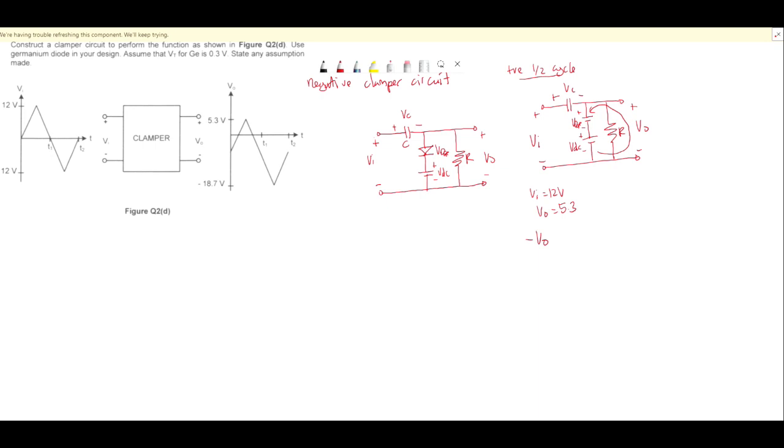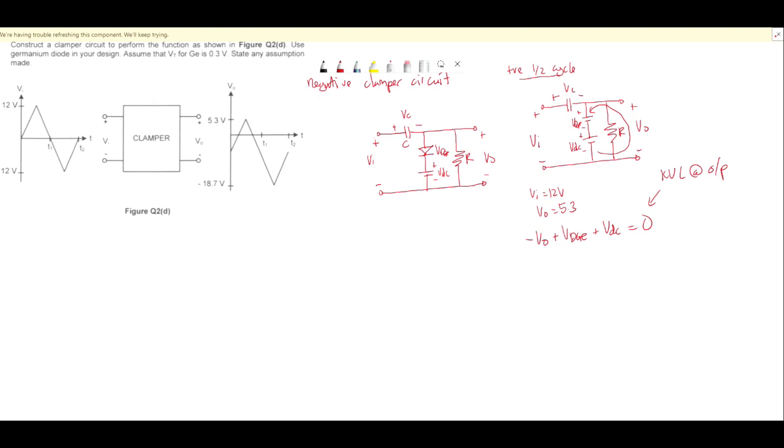The polarity is very important, so make sure you put the correct polarity to your circuit. Right, so plus VDGE plus VDC equal to 0. Right, so you perform the KVL at output side.